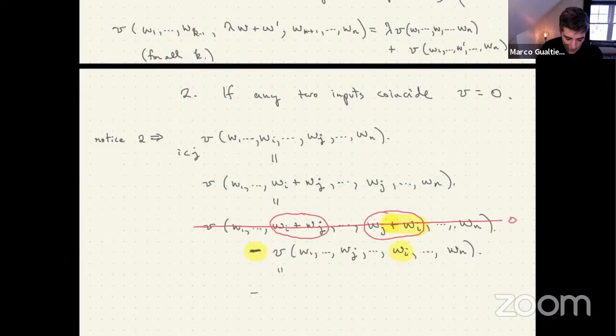So this is equal to minus V of W1, Wj, Wi, Wn. I did this in an unnecessarily complicated way, but I did it this way to prove a point. But anyway, you could think about this fact on your own.